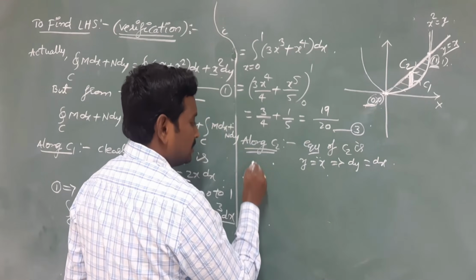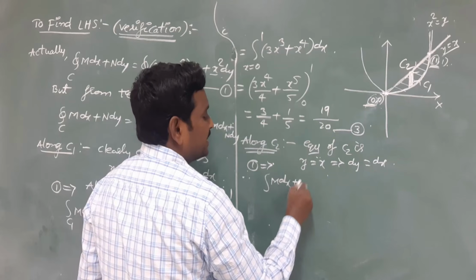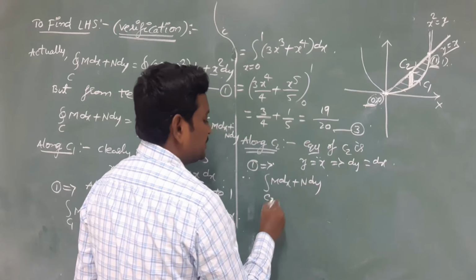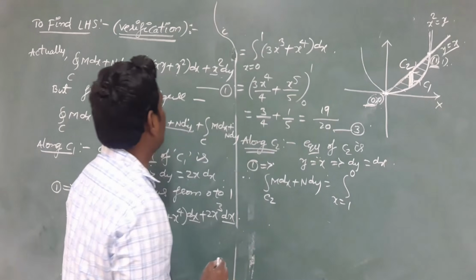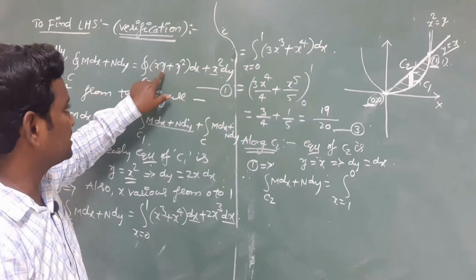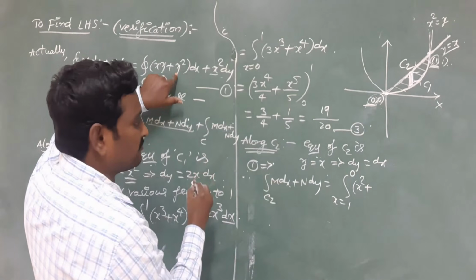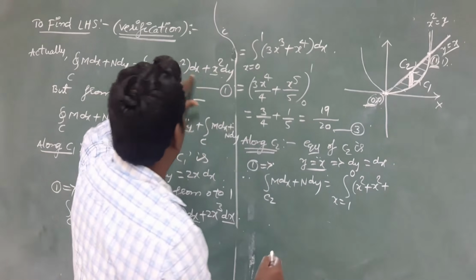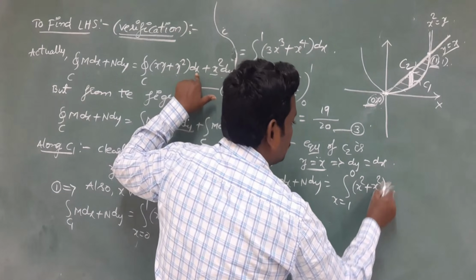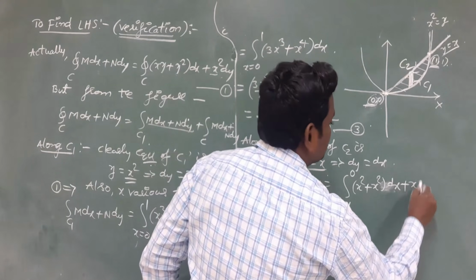So equation number 1 implies the integral of m dx plus n dy over C2 is equal to the integral with x varying from 1 to 0, and whenever we have y, replace it by x. So x into x becomes x square. Again here we have y square. What is y? x. So you will get x square whole into dx plus x square into dx.